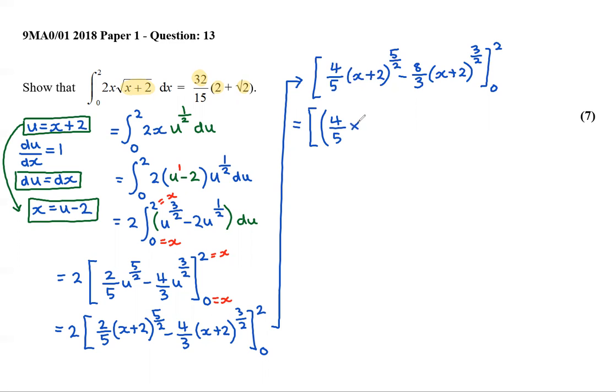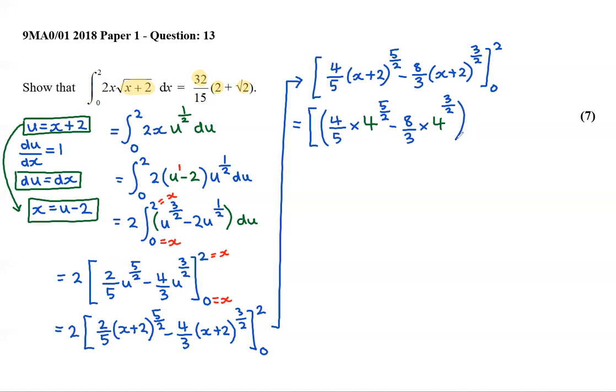So I'm multiplying that by 4 to the power 5 over 2, which is a nice number. And also, I'm going to be subtracting 8 over 3 multiplied by the 4 again, which is then raised to the power 3 over 2. That will give me my upper limit, and that will be a nice number, relatively speaking.